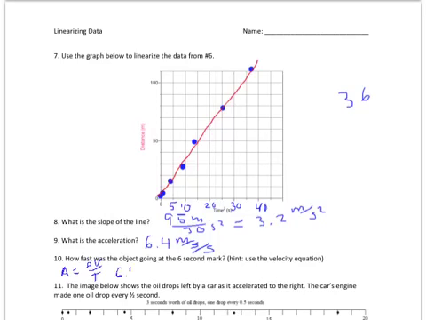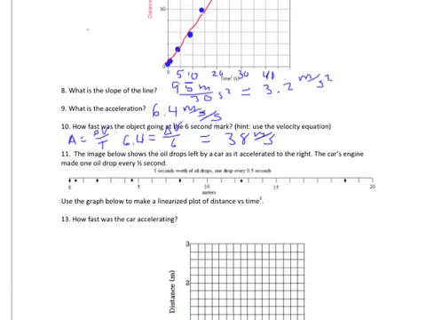Acceleration is 6.4 equals change in velocity over 6 seconds. So 6.4 times 6 is going to be my answer. 6.4 times 6 equals, let's go with 38. It's about 38 meters per second.